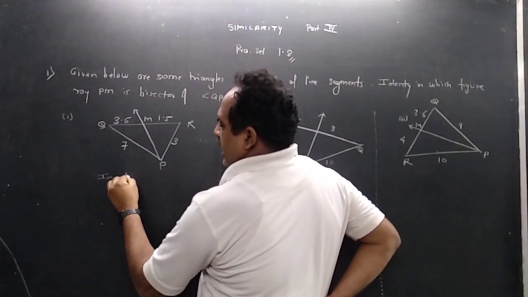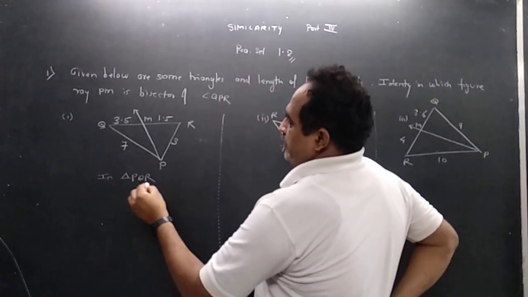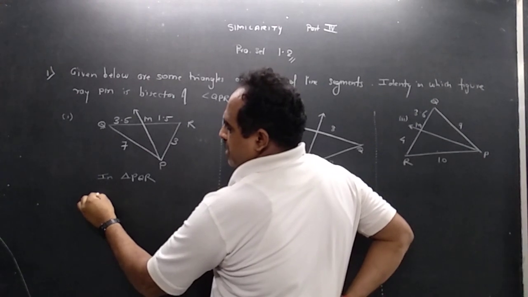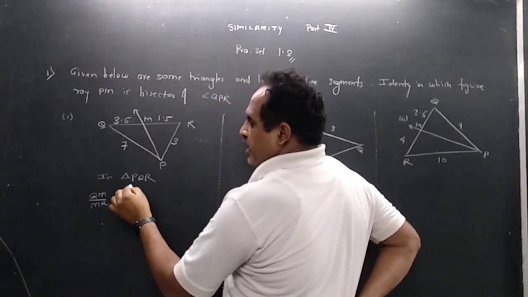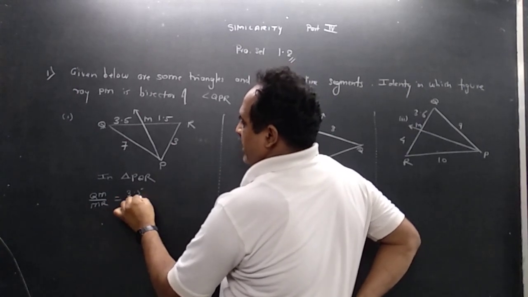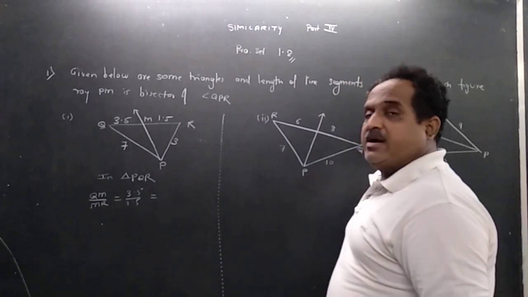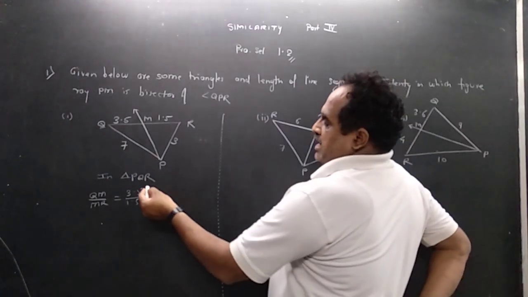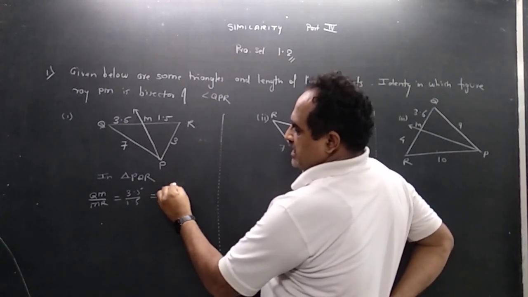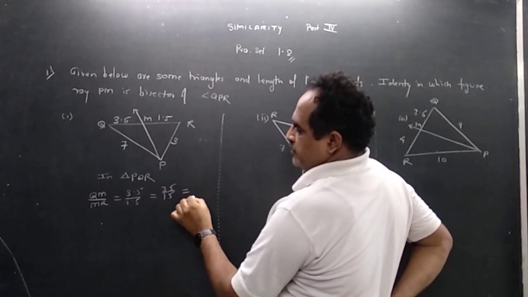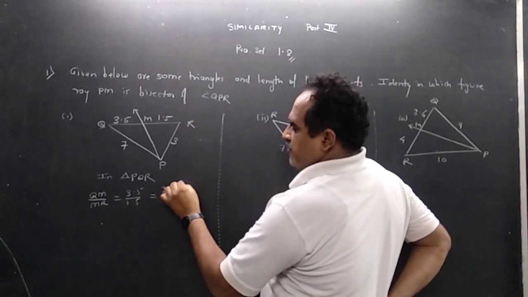In triangle PQR, QM upon MR. What is the value of QM upon MR? It is 3.5 upon 1.5, which is actually 35 upon 15, that is nothing but 5 threes are 15, 5 sevens are 35.